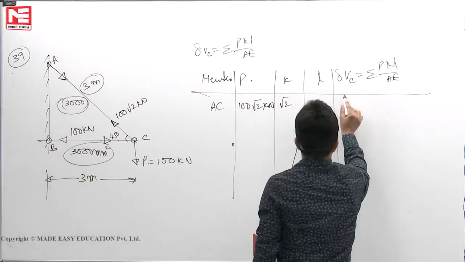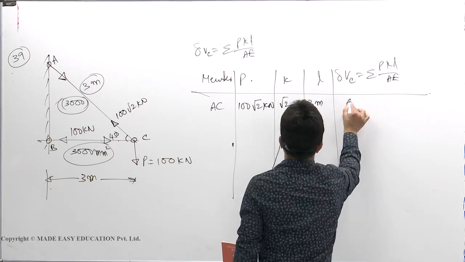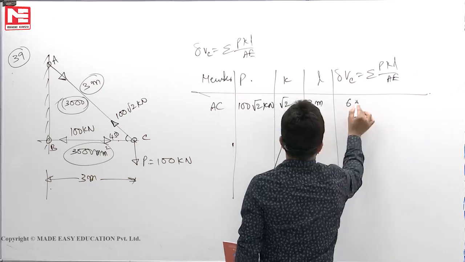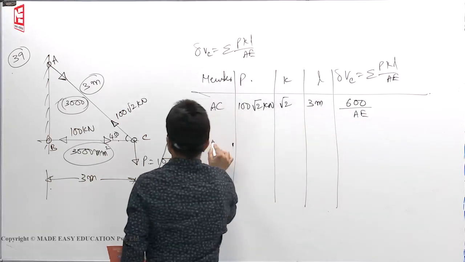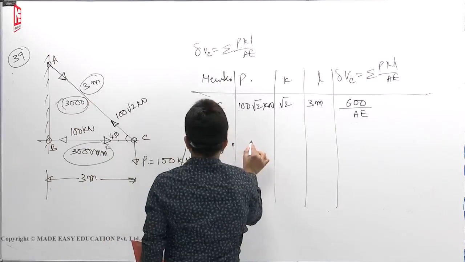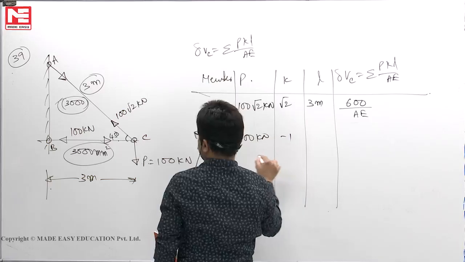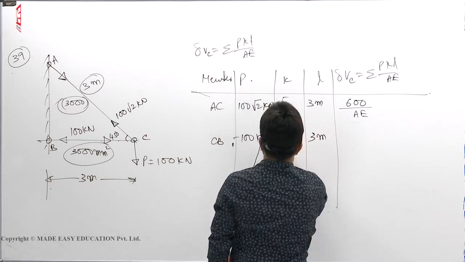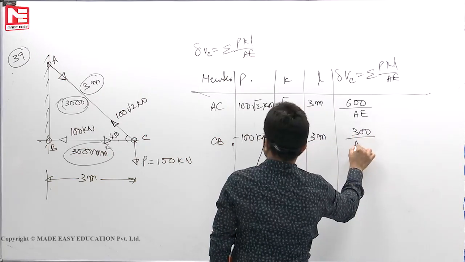Then delta VC is 100 root 2 into root 2, 200 into 3, 600 by AE. Then member CB is in compression, 100, so minus 1 you have to write. Length is 3 meters, so PKL is 300 by AE.